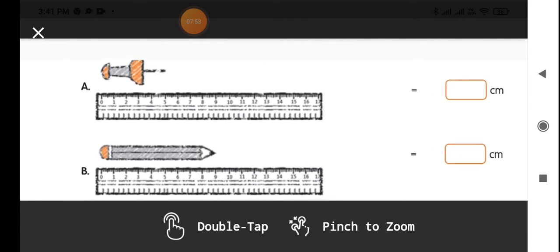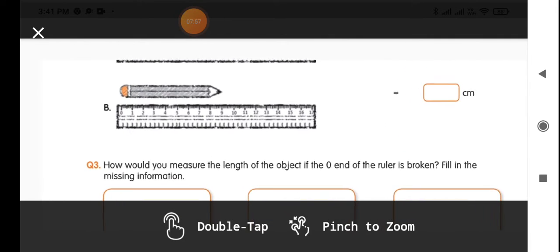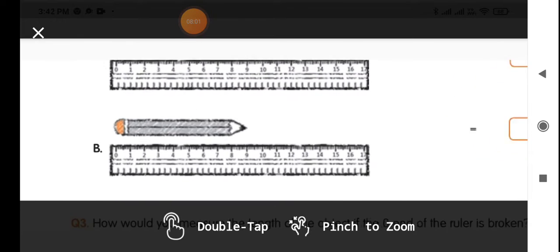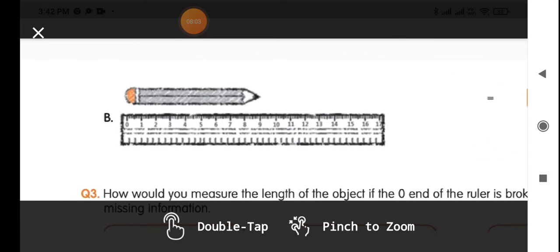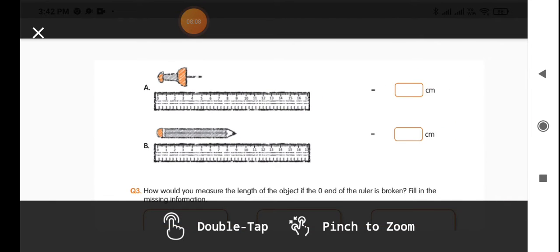This is 5 centimeters, as per my eyesight, I think it is 5 centimeters. Then you also measure carefully and then write the number in the box provided here.